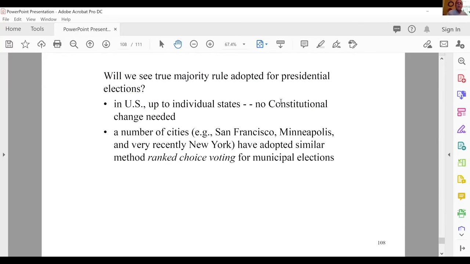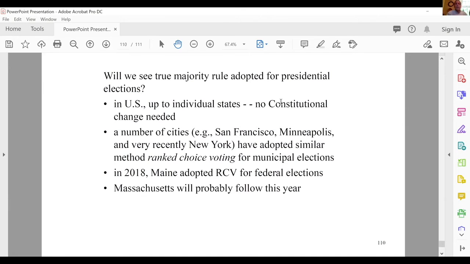And there is a method quite similar to true majority rule called ranked choice voting, which has been used in a number of cities around the country quite successfully. New York just adopted it last year. And in fact, ranked choice voting was adopted by the state of Maine for federal elections 2 years ago.